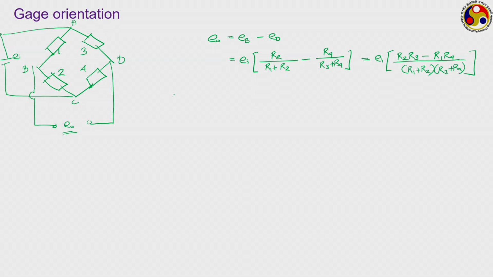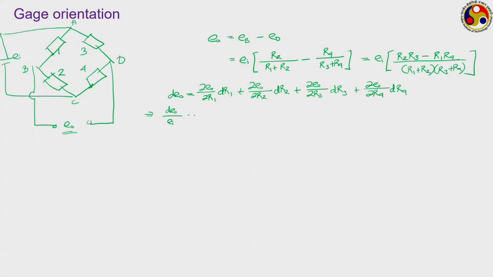So, correspondingly dE naught can be calculated as dou E naught by dou R1 into dR1, or just to be consistent with the notation, I should write it as dR1 plus dou E naught by dou R2 dR2 plus dou E naught by dou R3 dR3 plus dou E naught by dou R4 dR4.